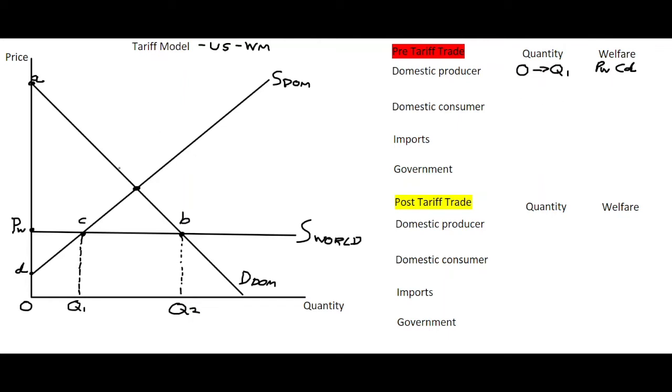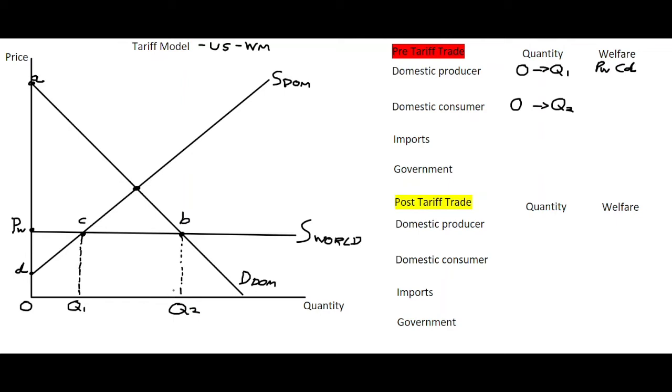The domestic consumer then is consuming between 0 and Q2 washing machines. So quantity is between 0 and Q2, which we can see visually is different than what domestic producers are producing. So US producers are producing this much in terms of washing machines, however consumers want to purchase up to Q2.